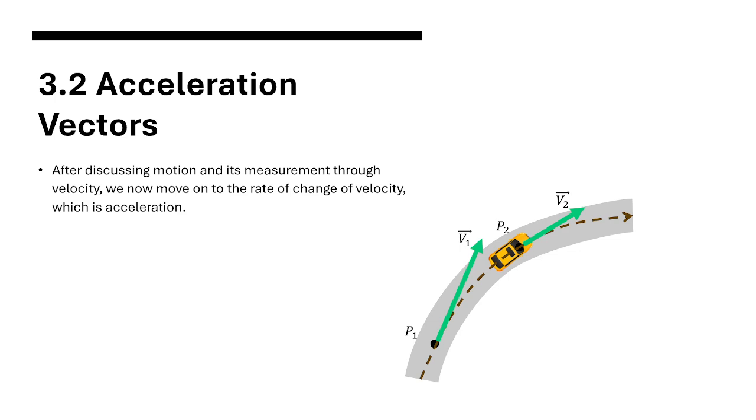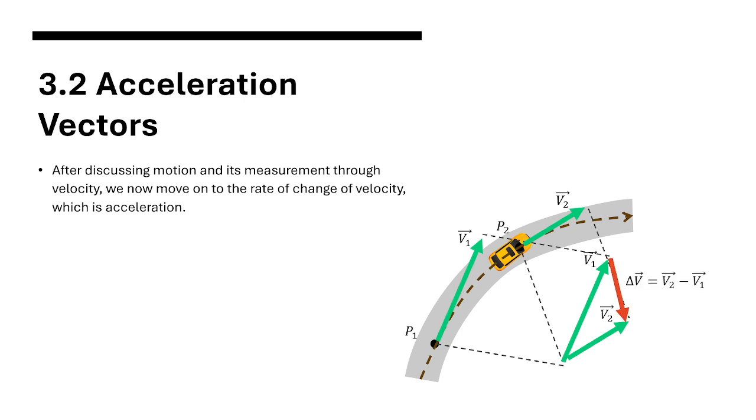In order to get the average acceleration or the average rate of change of velocity, let us project this velocity 1 here and we project velocity 2 here. Notice that we have a triangle, meaning that the change in our velocity is right around here.